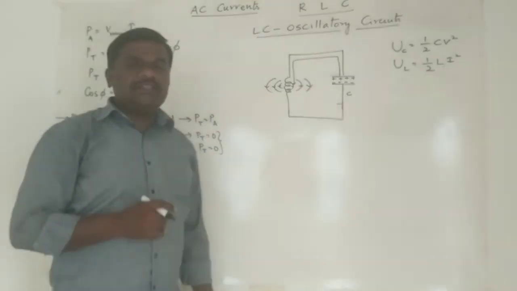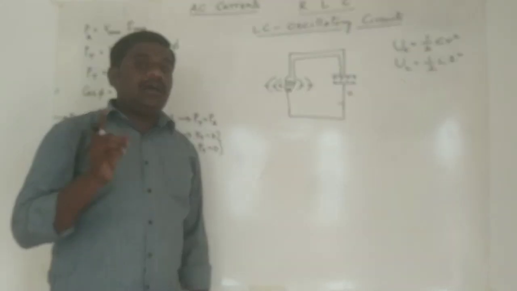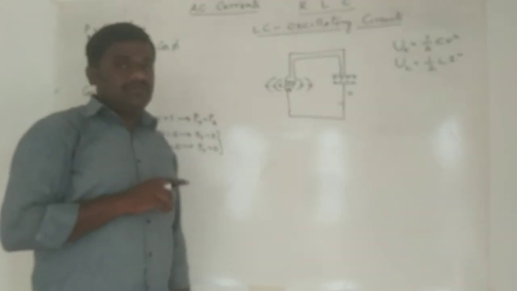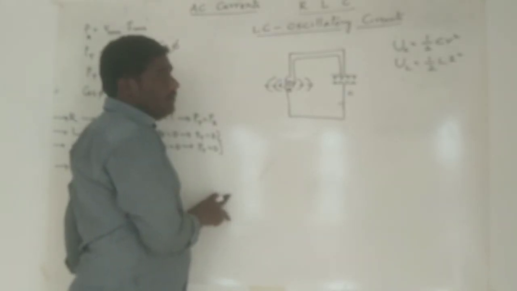You know, the change in the flux induces an EMF which acts in the opposite direction. That is given by Lenz law, even EMI. I hope you have understood the concept.